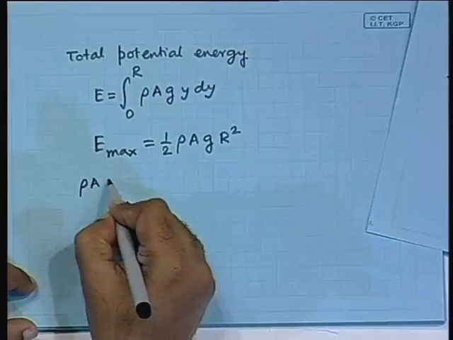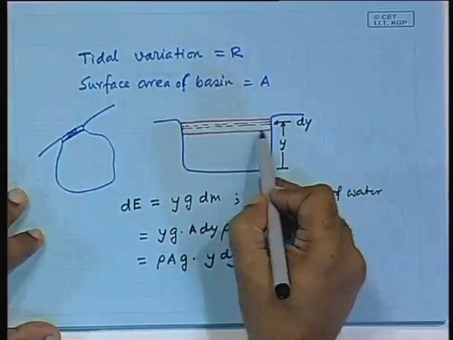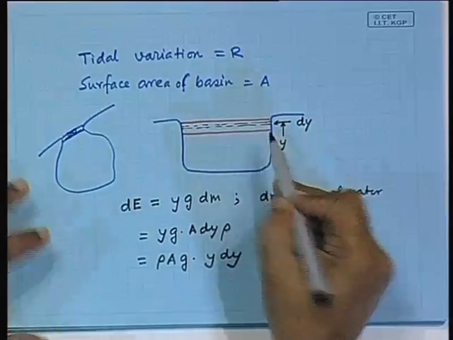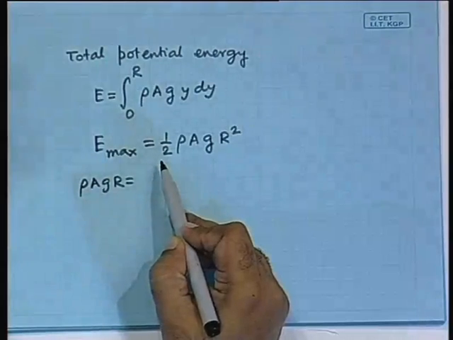It is the mass of water in this height R, times R is the mass times R. The actual amount of energy available is half that.